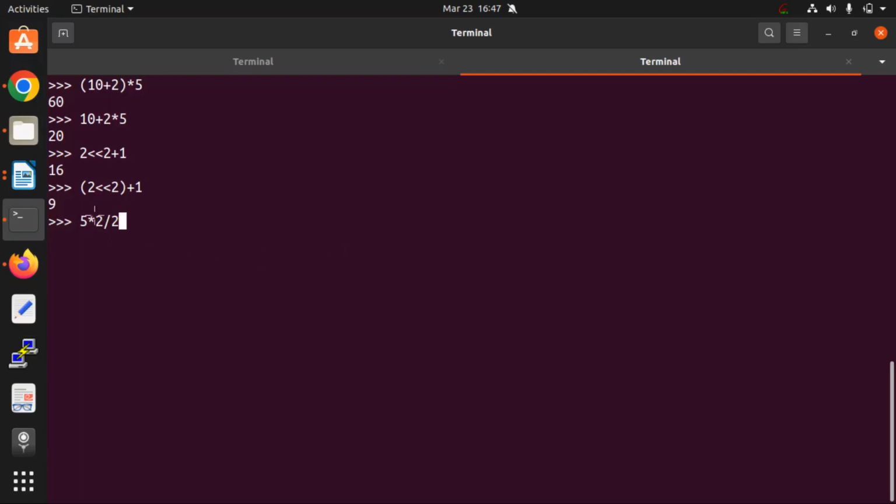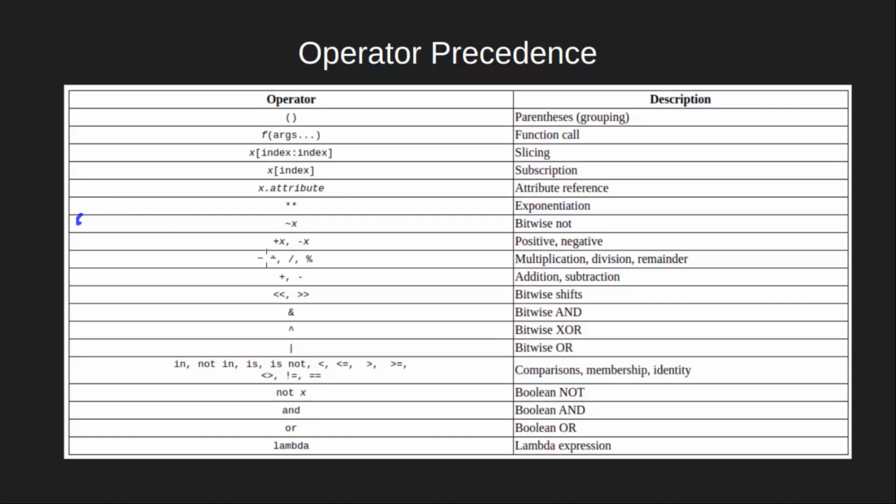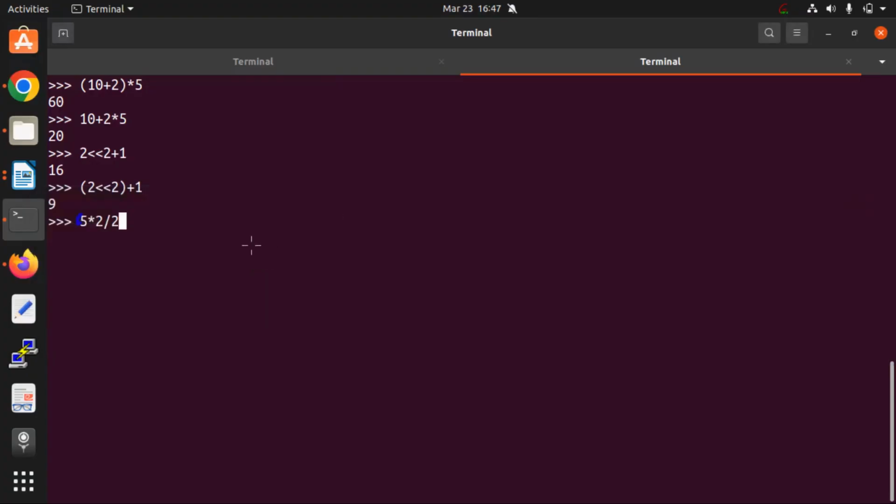Now here I have multiplication, I have division, and in the table multiply, divide both have the same precedence. So when they have the same precedence, what is done is you take up from the left hand side. So whatever comes first from the left hand side, that is solved first. So 5 into 2 is done first because the star operation comes first. So you get 10, then divided by 2, you should get an answer of 5.